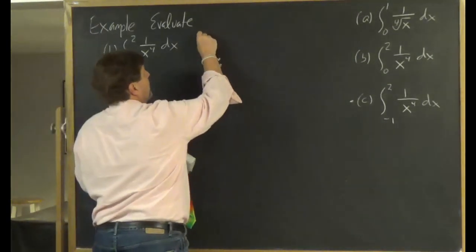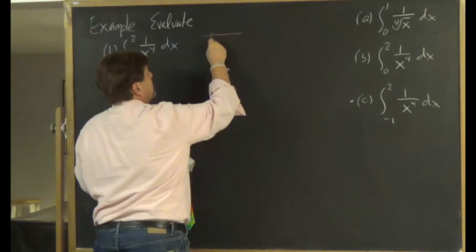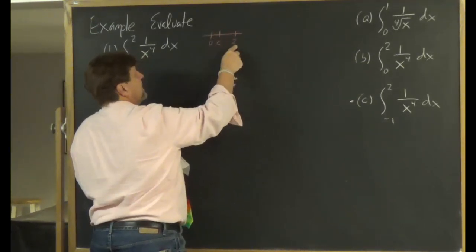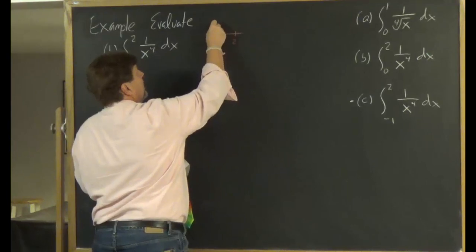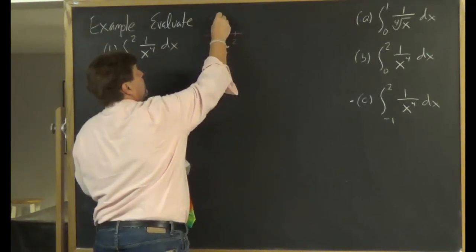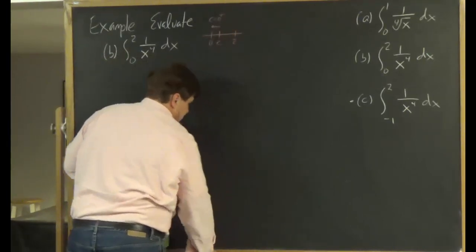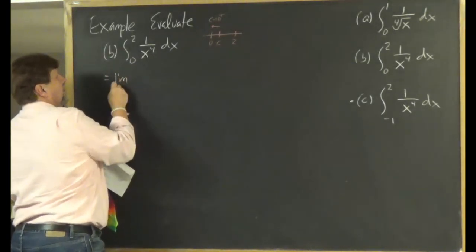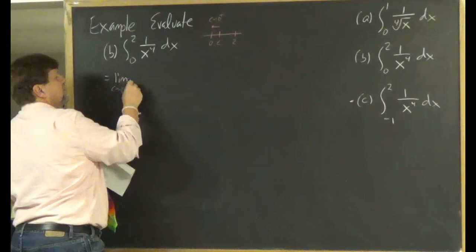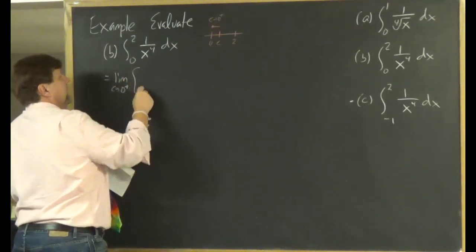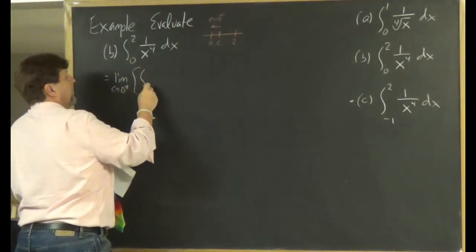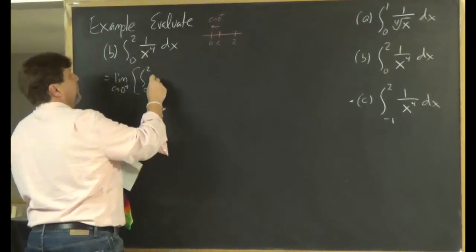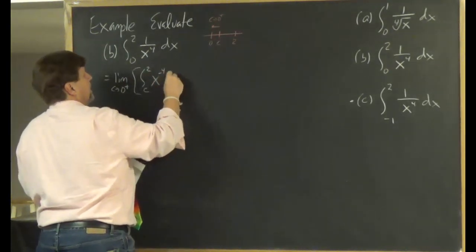So when I look at the real number line, 0 to 2, I can integrate from c to 2, and then I'll let c approach 0 from the right side of 0. So I rewrite this as the limit as c approaches 0 from the right of the integral from c to 2, and I'd rewrite 1 over x to the 4th as x to the negative 4th.